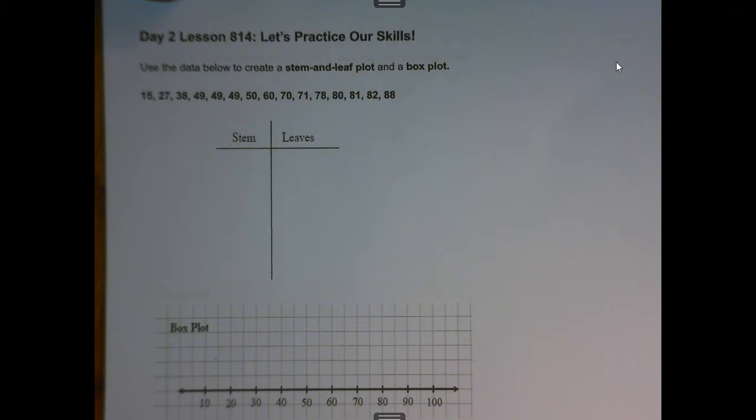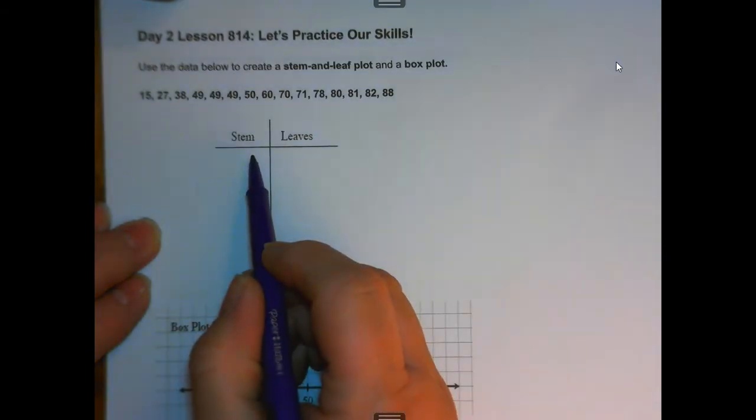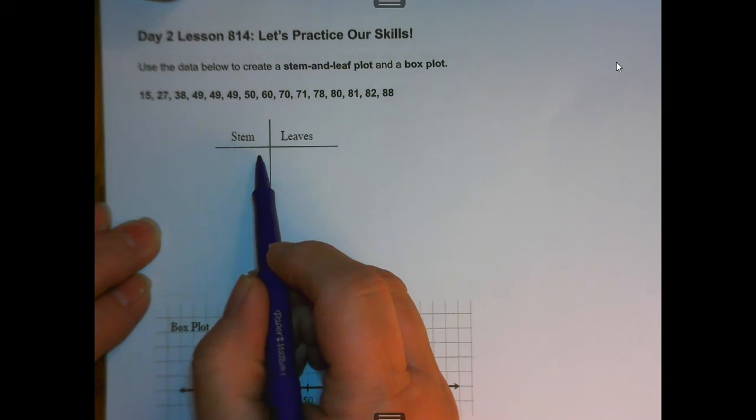When we take a look at today's work, we have a stem and leaf plot set up, and for us to remember how to do that, I want you to be reminded that the stem is going to be the number in the tens place, and the leaf is going to be the number in the ones place.